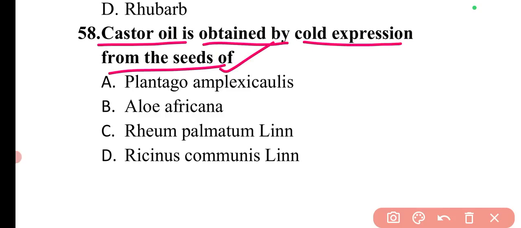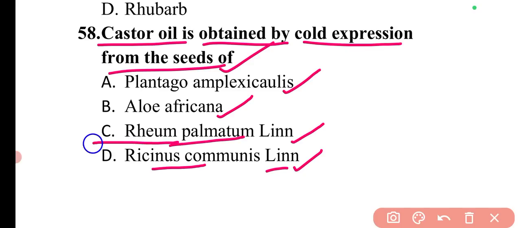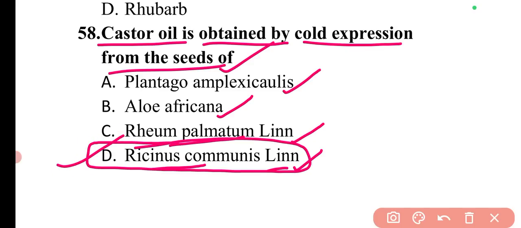Options are Plantago ovata, Aloe africana, Rheum palmatum Linn, Ricinus communis Linn. And the correct answer is option number D, Ricinus communis Linn.